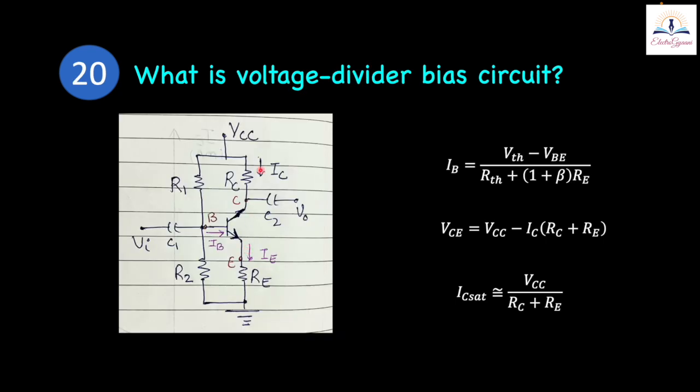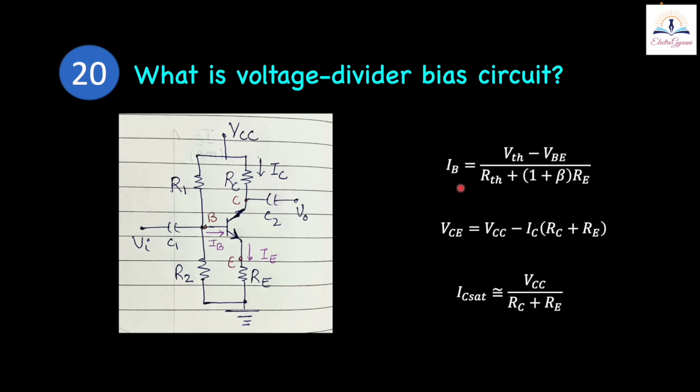Next is, what is the voltage divider bias circuit? In the voltage divider bias circuit, the RB resistance is now divided into two, R1 and R2. That's why the base voltage is divided, so this is called the voltage divider bias circuit. This is a very common amplifier circuit.